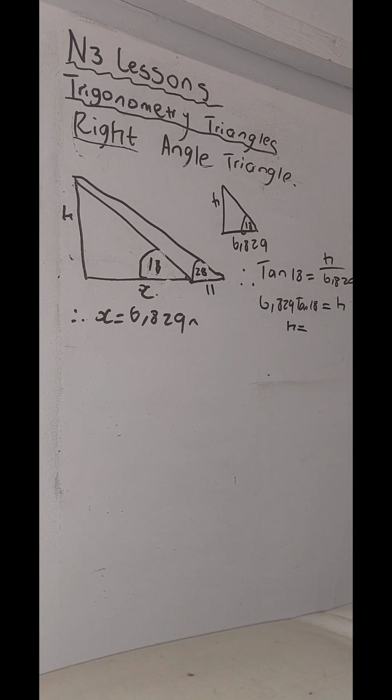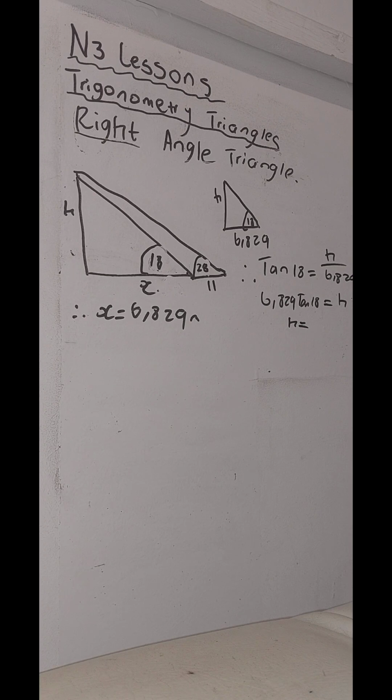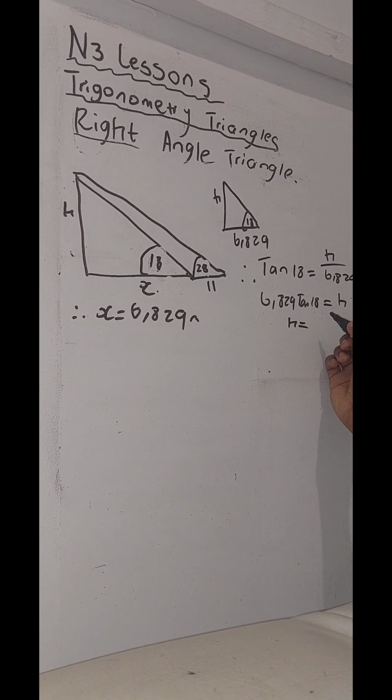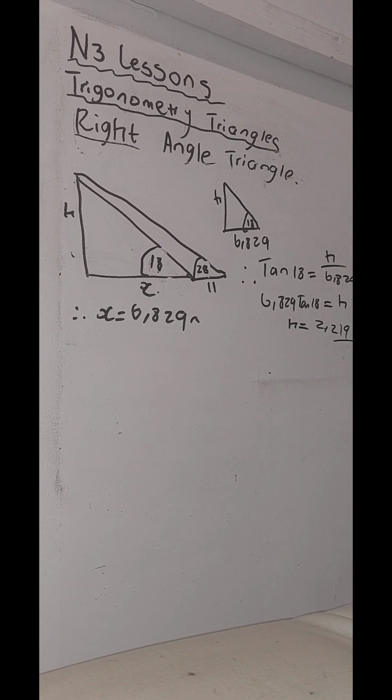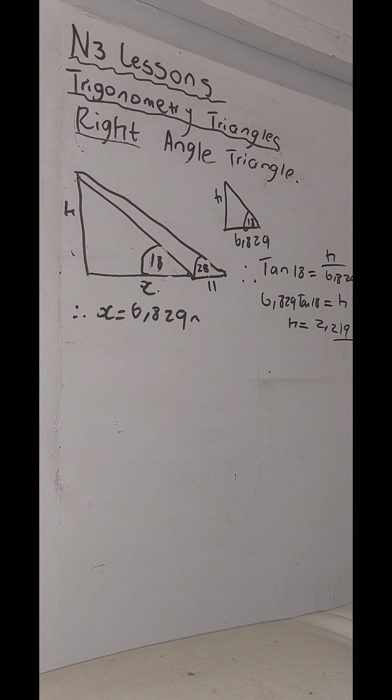What is height, guys? So height will be 6.829 times tan 18. I get my height to be 2.219.